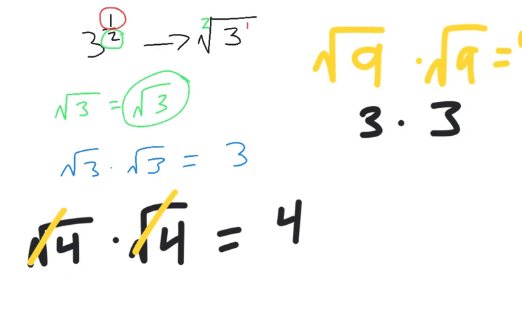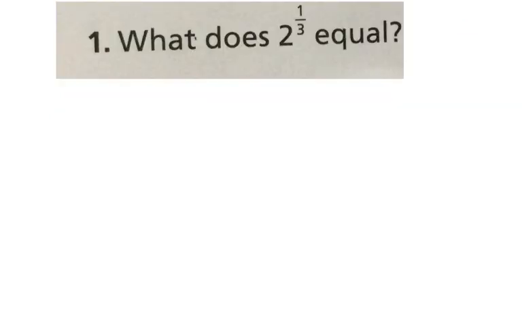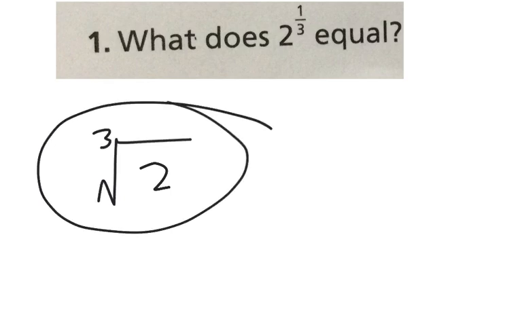If I had to write 2 to the 1/3, it would be the cube root of 2. I was explaining to you why it works the way it does, and I may have confused you doing it that way. 2 to the 1/3 power simply means the cube root of 2.